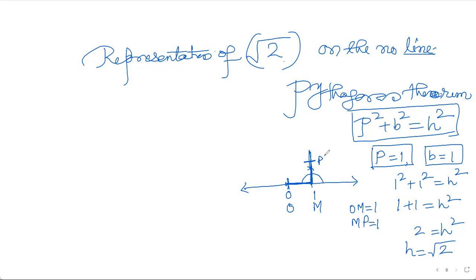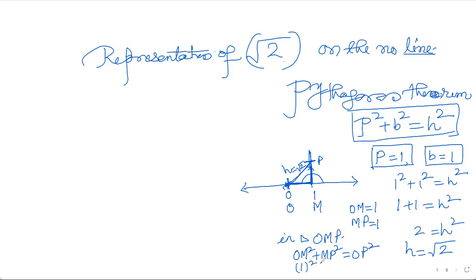Now if you join it with the help of a scale, this becomes the hypotenuse, and this represents root 2. Why? Because in triangle OMP, which is clearly a right triangle, OM square plus MP square is OP square.